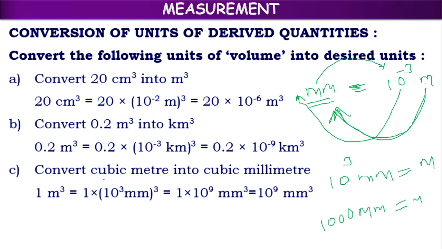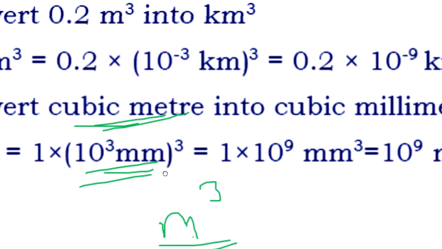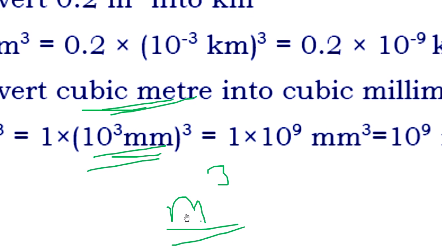So in the place of cubic meter or meter cube, in the place of meter, we can keep 10 cube, 10 to the power of 3 millimeter or 1000 millimeter, for that whole cube. So 1 into 10 power 3 whole power 3. 3 times 3 is 9.